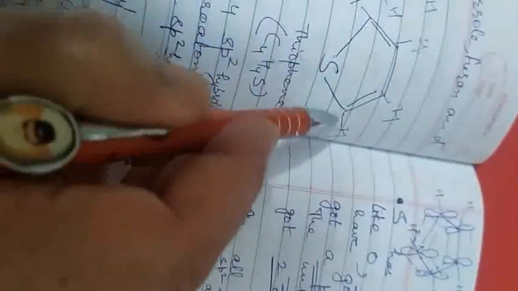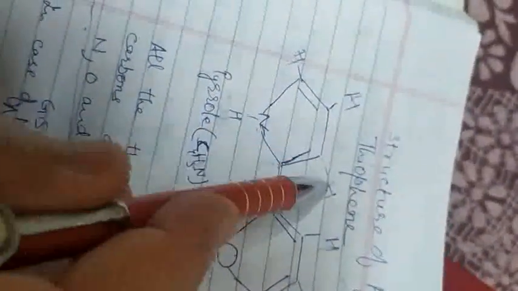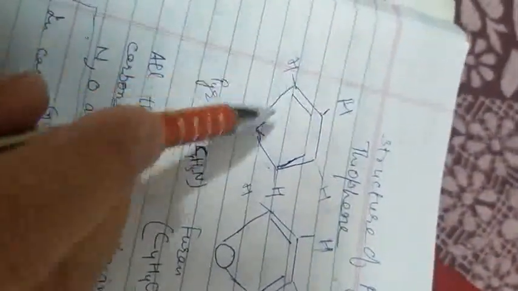These are CH, CC bonds, CH, CC bonds. These are CH bonds. In case of pyrrole, CC, CH and CN bonds.